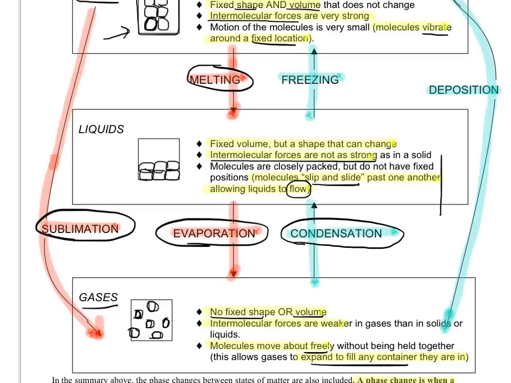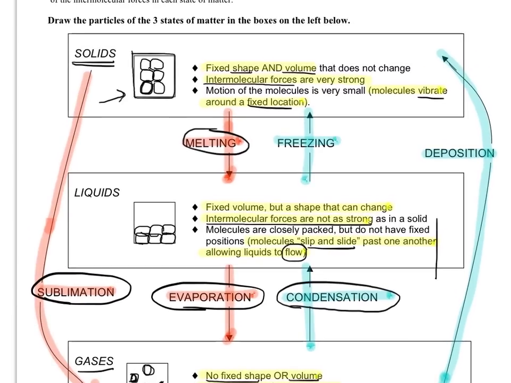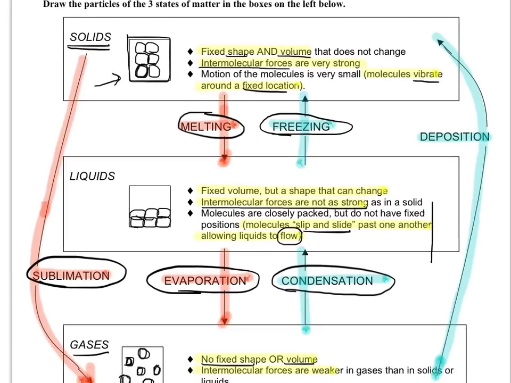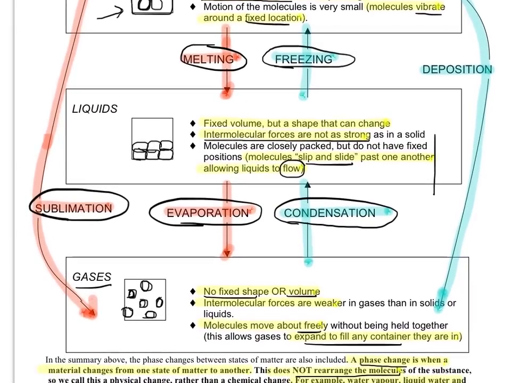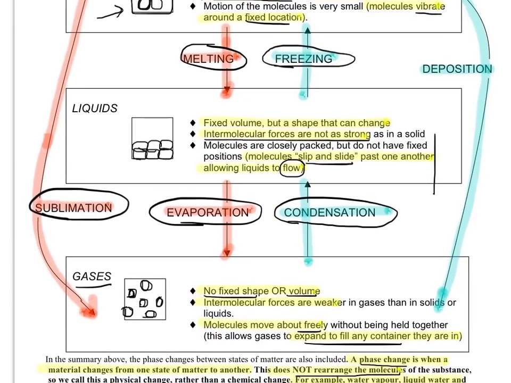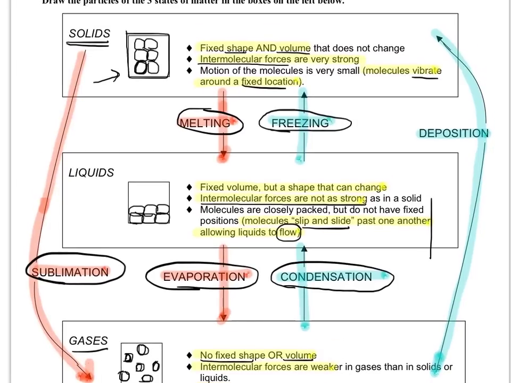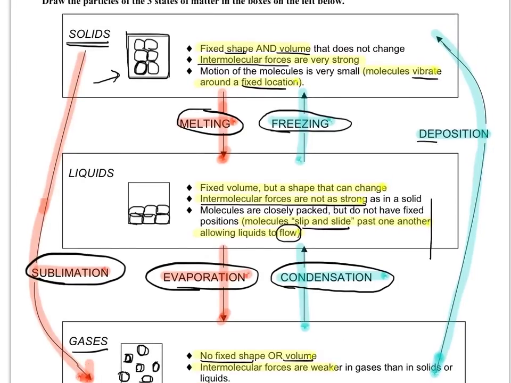And then again, if we want to keep going, to go from a liquid to a solid. If you have liquid water and you want to make ice cubes, you stick it in the freezer, remove some heat. That's called freezing. And then another thing that you maybe haven't heard of, you can go kind of the opposite of sublimation. If you want to go directly from a gas to a solid, that's called deposition.